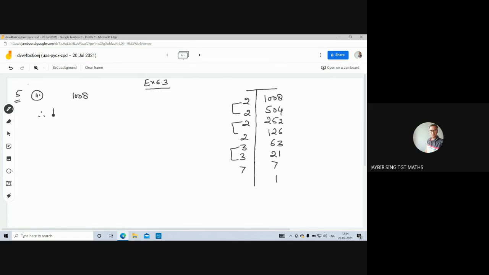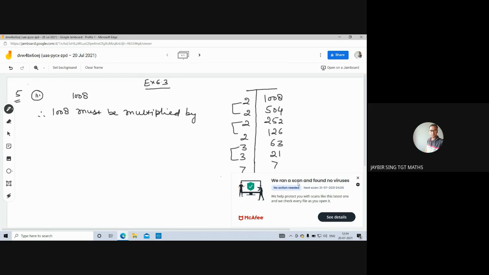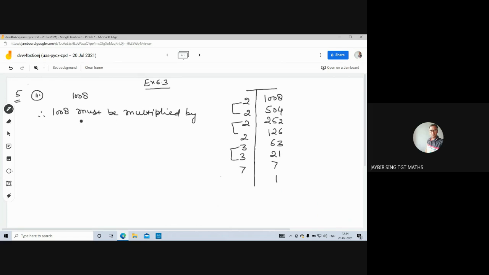Therefore, 1008 must be multiplied by 7, because if we would be having one more 7, it would be a perfect square. So 1008 must be multiplied by 7 to get a perfect square.